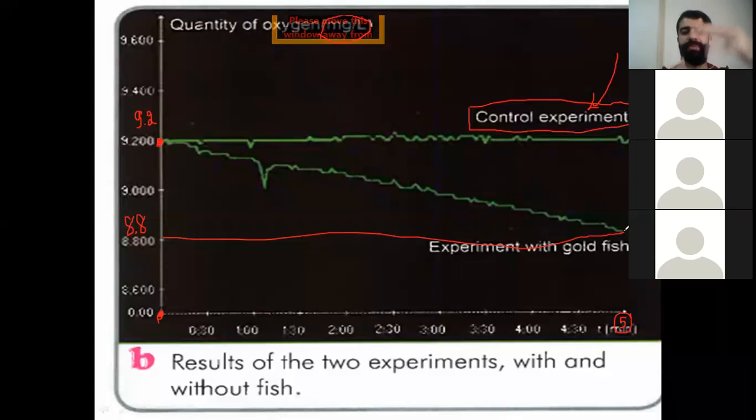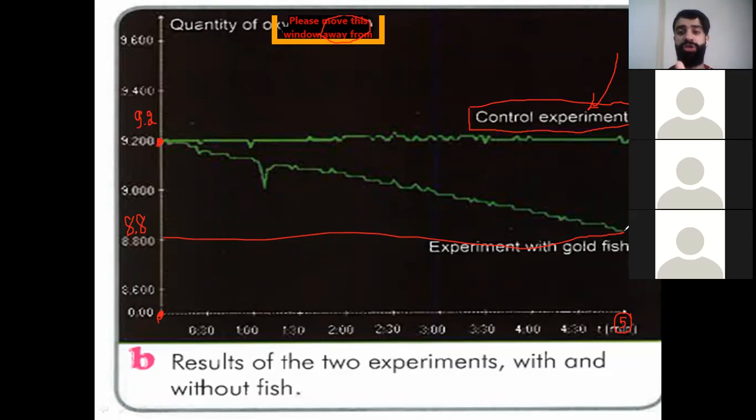So I'm going to make a quick revision of what we have explained with Adam Hashishi and Adam Arauni, two Adams. In the control experiment, at time 0, the quantity of oxygen was 9.2 milligram per liter. As time increases from 0 to 5 minutes, it remains constant at 9.2 milligram per liter.